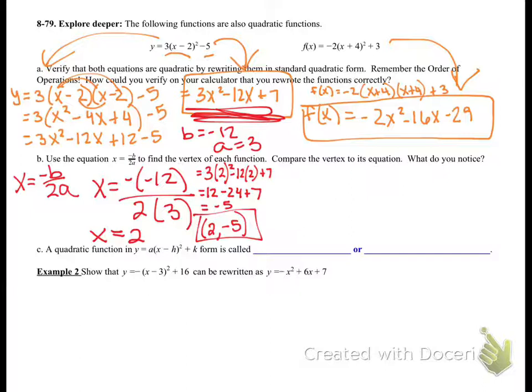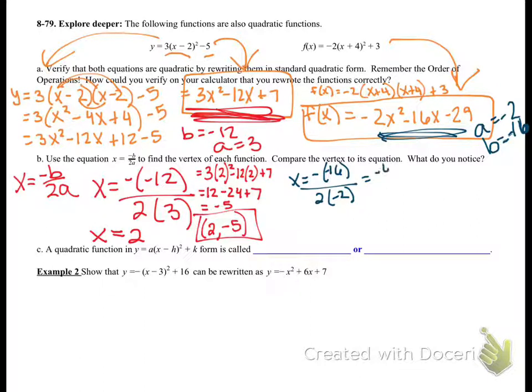So if I'm trying to find the vertex of this guy, my a value is negative 2 and my b value is negative 16. X equals negative b over 2a. 16 divided by negative 4 is negative 4.